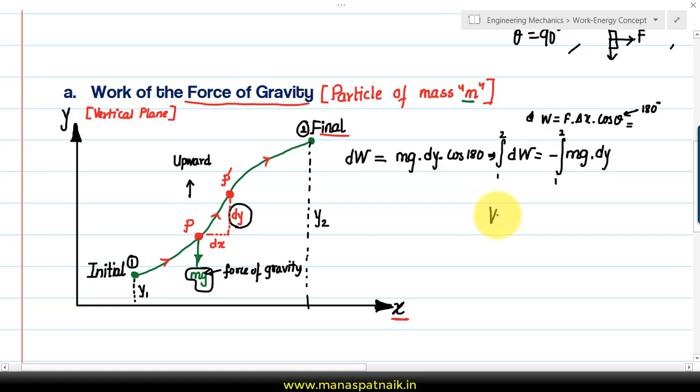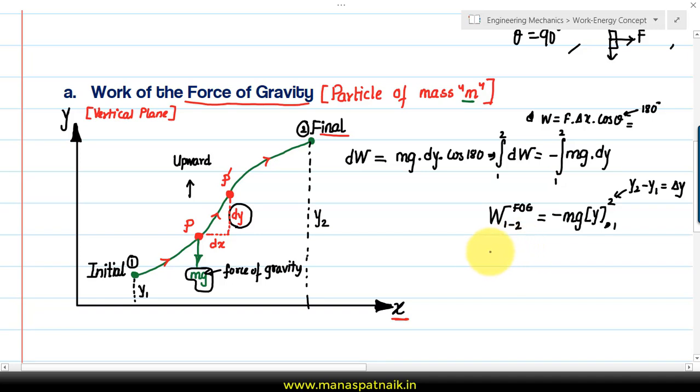Here it is, W1 to 2. This work done is for the force of gravity, FOG, and is equal to, this is going to be very simple, minus of mg, integrated over y. If you put the limit from 1 to 2, it's going to work out as y2 minus y1, which can ultimately be written as delta y.